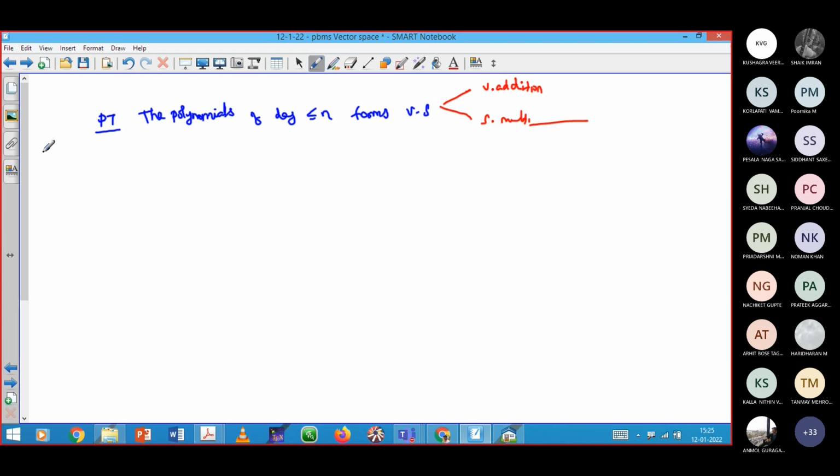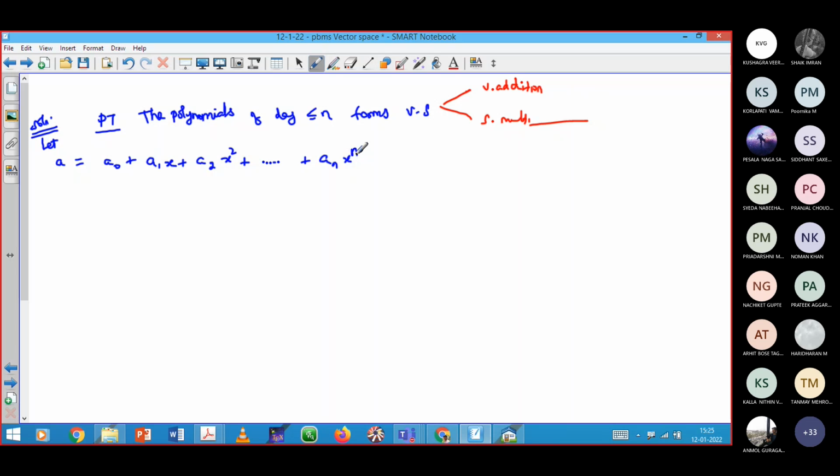First I can start with A. Let A equal a0 plus a1x plus a2x squared. It can go up to, any guess? anxn. Very good, anxn.